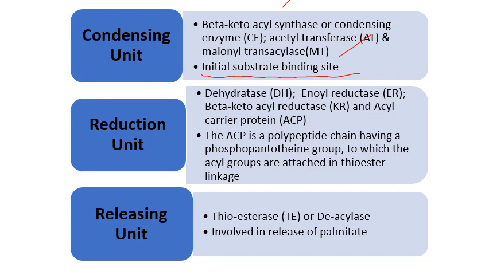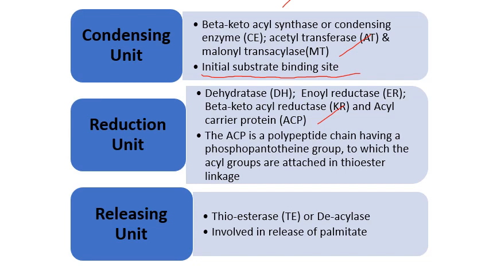Second is the reduction unit, which consists of the enzymes dehydratase, enoyl reductase, beta ketoacyl reductase, and acyl carrier protein. The ACP is a polypeptide chain having a phosphopantetheine group, to which the acyl groups are attached in thioester linkage. That is the function of the reduction unit.